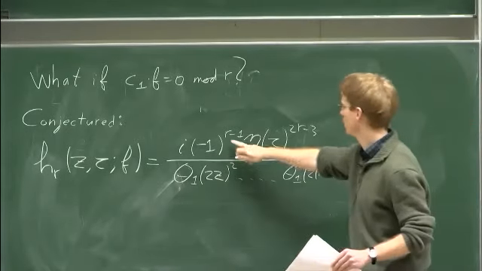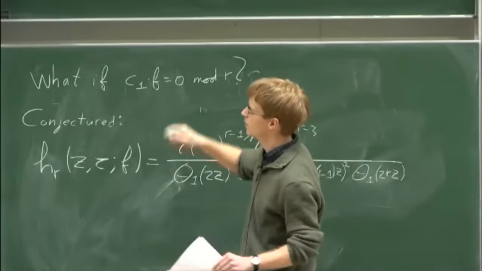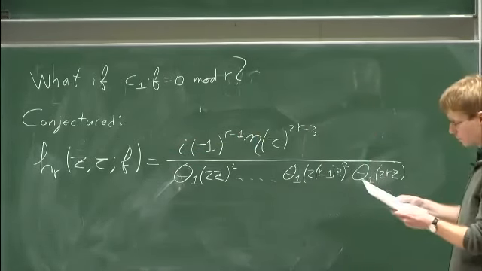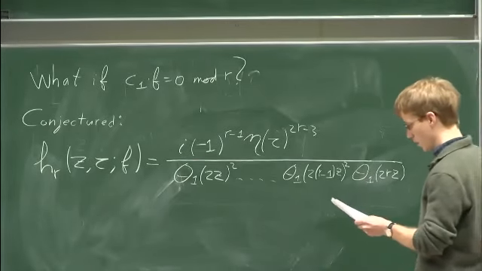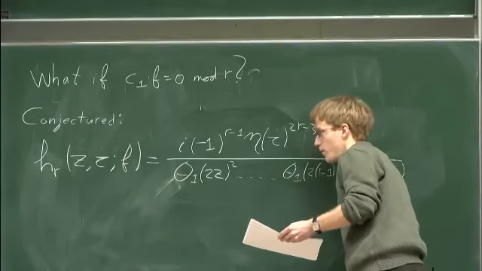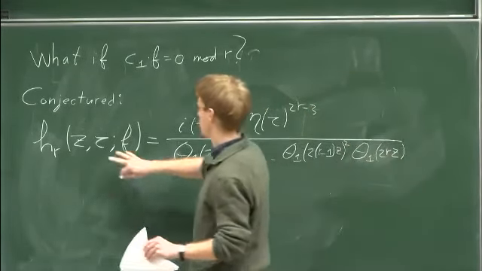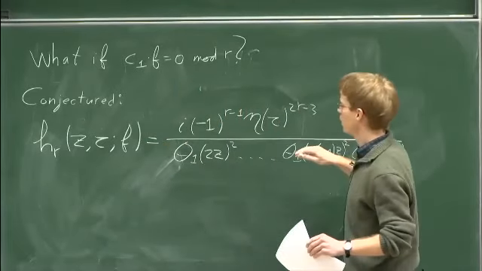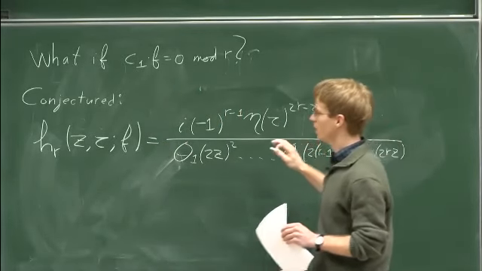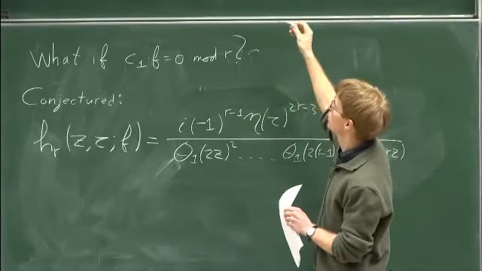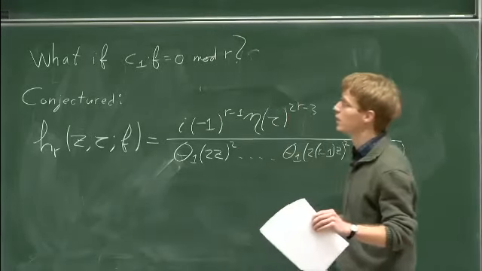And note, for r equal to 1, you just get back the result for rank 1. So this is somehow the BPS invariant of the moduli space of sheaves whose restriction to the fiber is semi-stable.